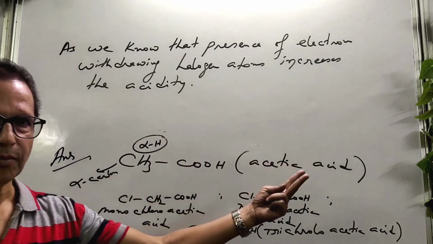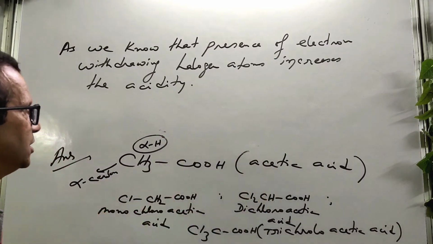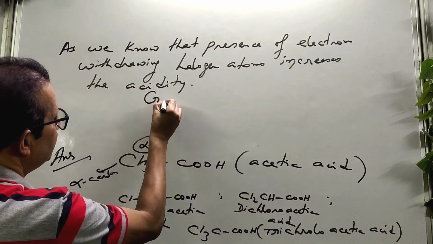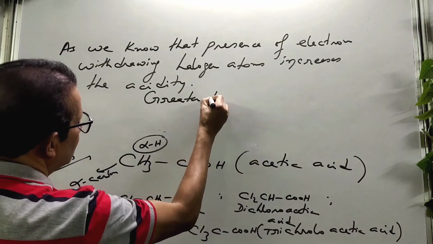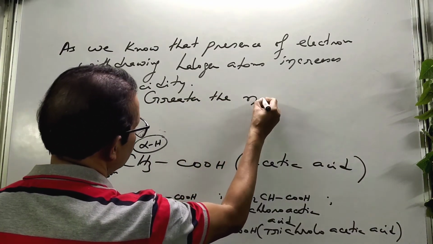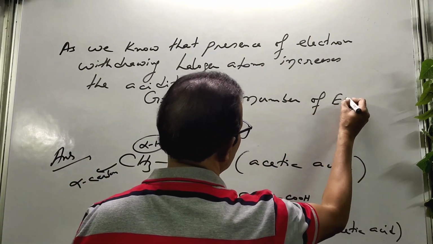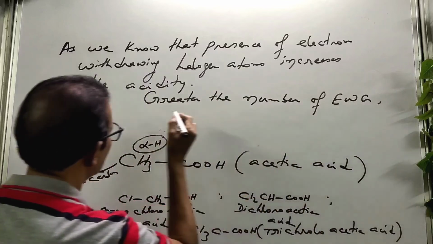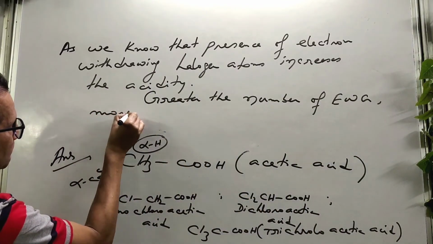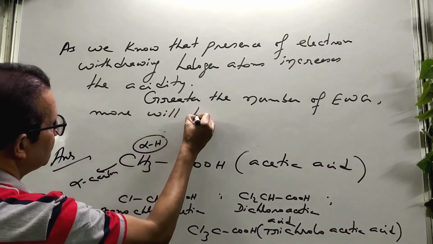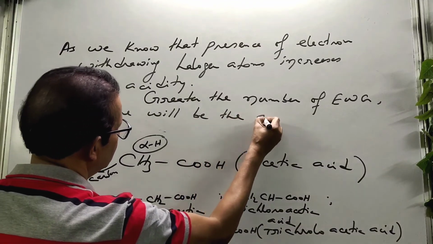So, greater the number of electron withdrawing groups, more will be the acidity.